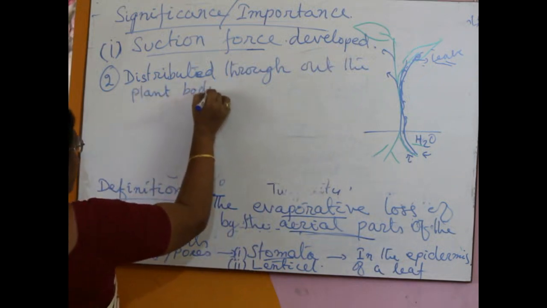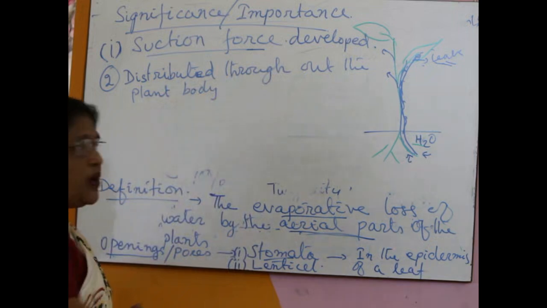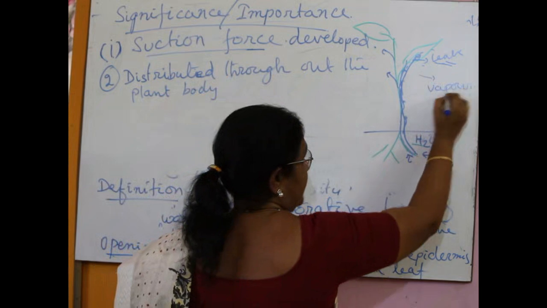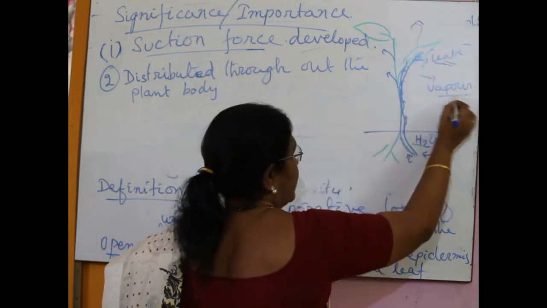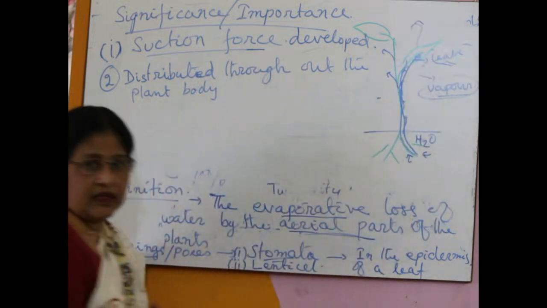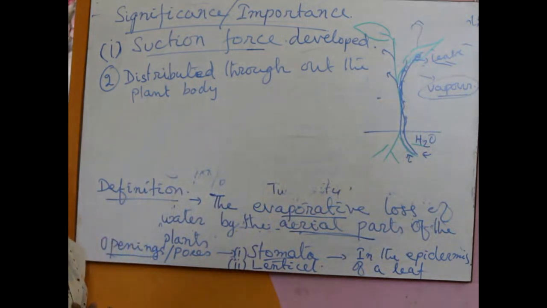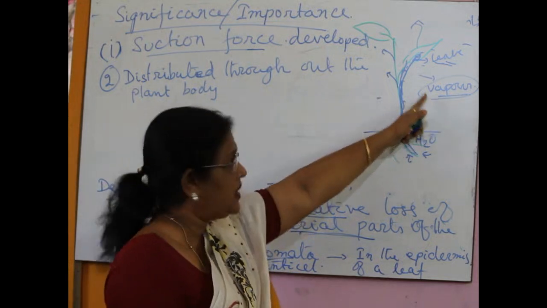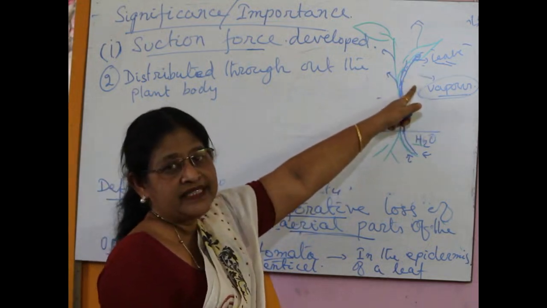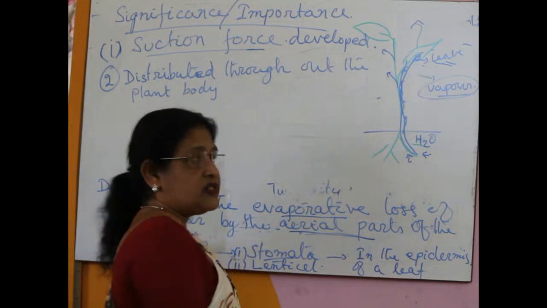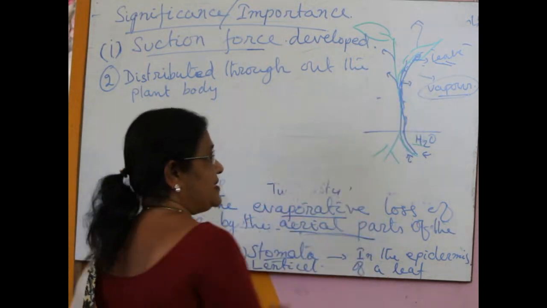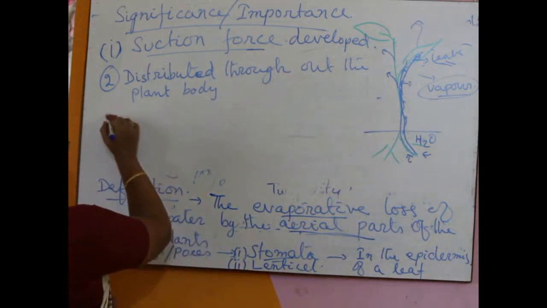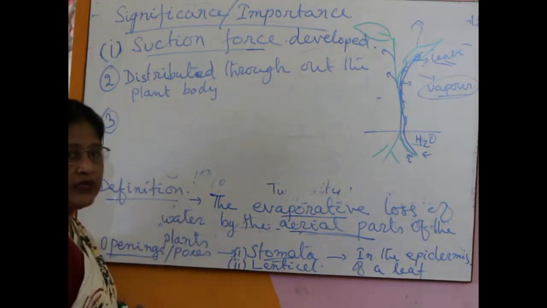And then, when there is loss of water, more water vapor escapes into the atmosphere. This vapor increases the humidity, right? It is lost in the form of water vapor, so the plant loses some of its latent heat. Some of the latent heat is utilized to change water into vapor. That is why the plant is also cooled during hot summer.